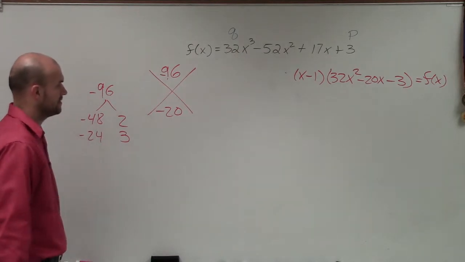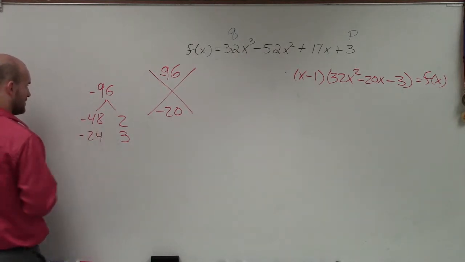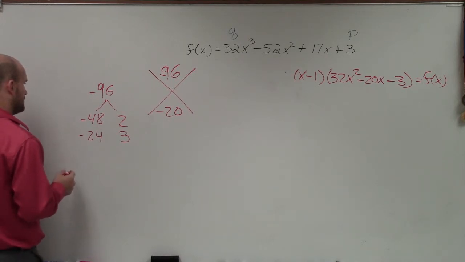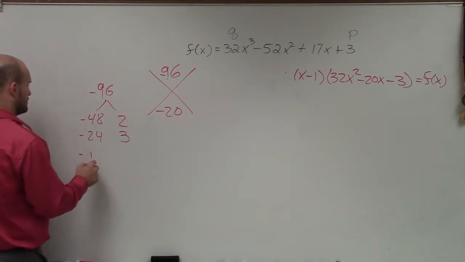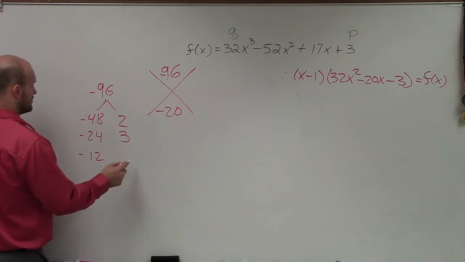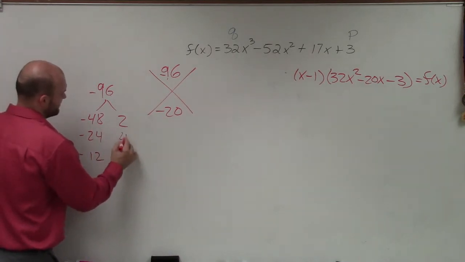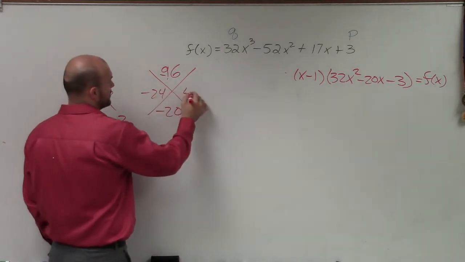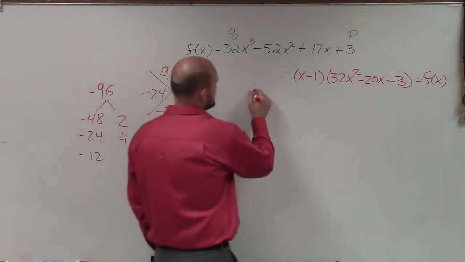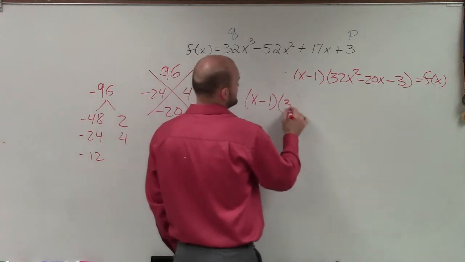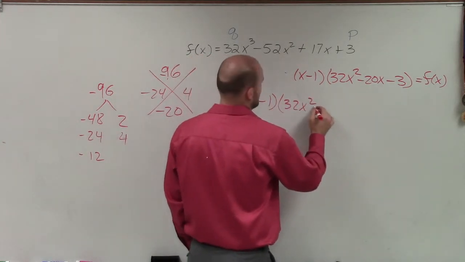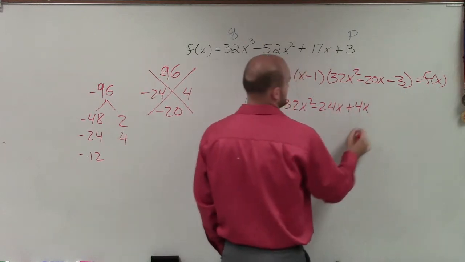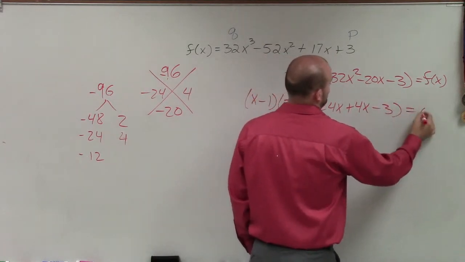That would be your best bet. 24 and 4, not 4, 3. You're right, 4. Thank you. So yeah, these two work, right? So you do negative 24 and 4. So then if I was going to rewrite this, it'd be x minus 1 times 32x squared minus 24x plus 4x minus 3 equals 0.